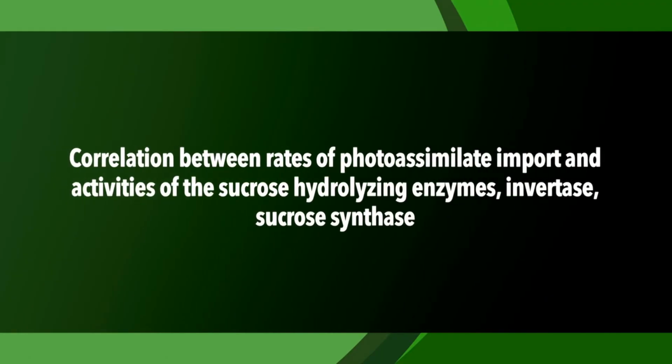The linkage is supported by the commonly observed correlation between rates of photoassimilate import and activities of the sucrose hydrolyzing enzymes invertase and sucrose synthase. More recently, the relationship has been verified in transgenic plants through overexpression of the enzymes responsible for carbohydrate metabolism.